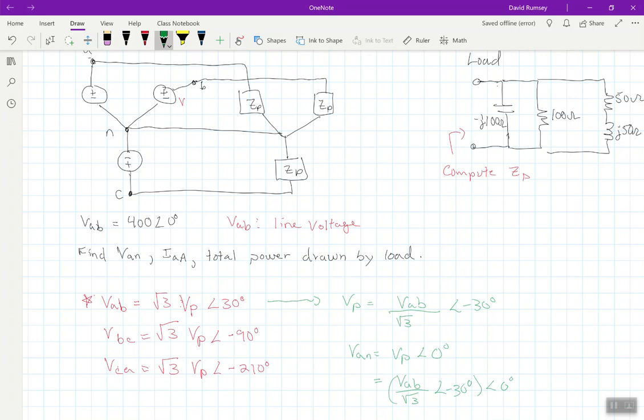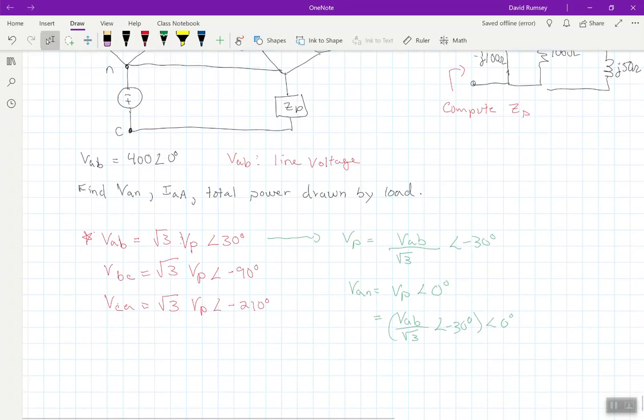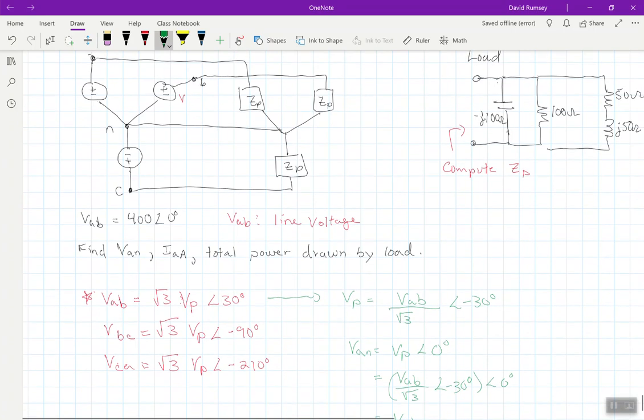And basically these angles, because they're getting multiplied, get added together. So VAN would just be VAB over the square root of 3 at an angle of negative 30 degrees. Similarly, you could do the same thing if you wanted to find VBN and VCN, but actually what we do is we'll find VAN, and then we can get all of the other ones, even though the problem only asks us for VAN.